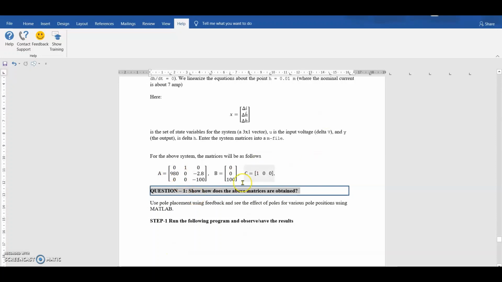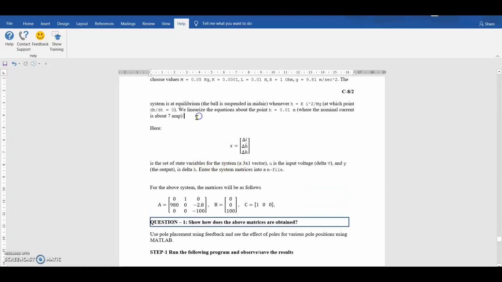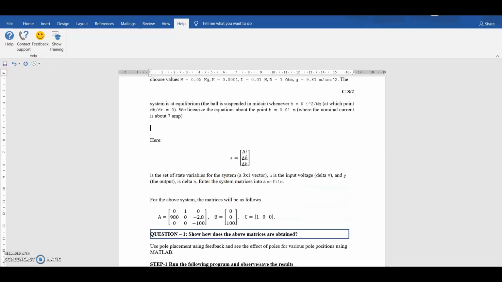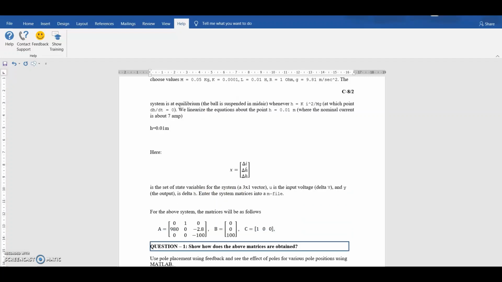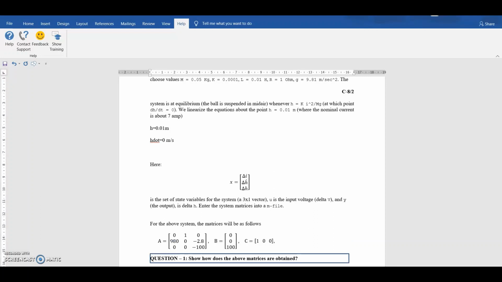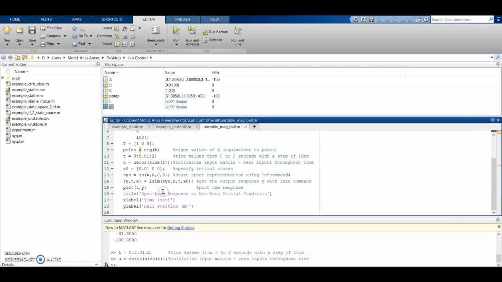When you linearize these matrices, you linearize for h = 0.01 meter, h dot = 0 meter per second and I = 0 amperes, and see what result it shows.